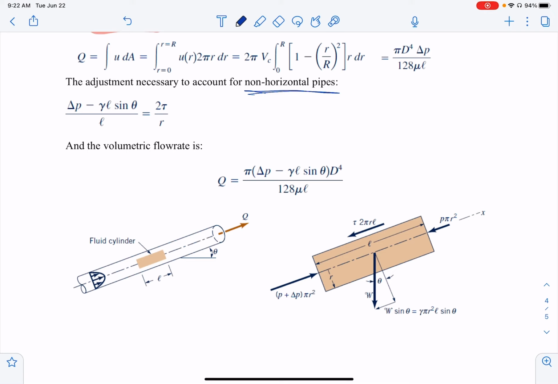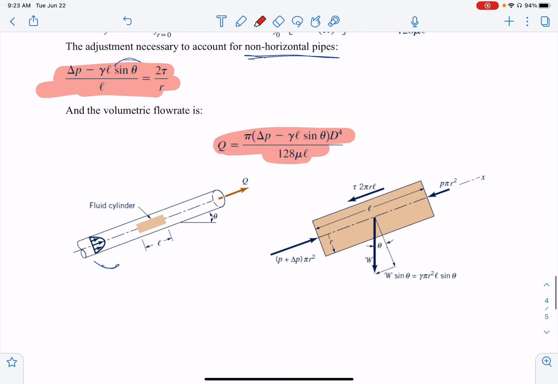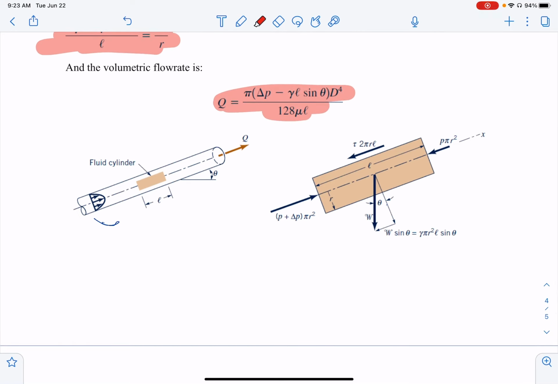It is a little tilted from here. So if we want to generalize it, this is how we have it. We have a sine theta right here, right? And also this is the flow rate when we have a non-horizontal pipe. So these are the important formulas here.